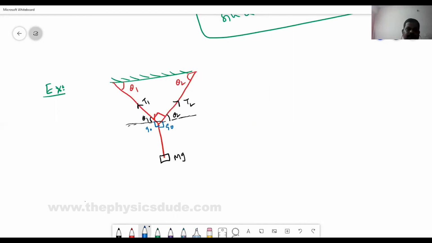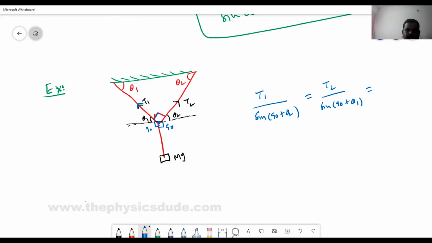So what Lami's theorem says, since this is in equilibrium, the ratio of force and the sine of the angle between the other two. So T1 upon sine of 90 plus theta 2 is equal to T2 upon sine of 90 plus theta 1, is equal to, now there is a weight W equal to mg acting.